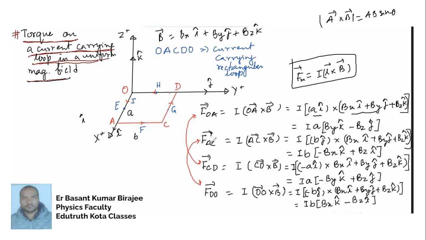Similarly, you find the magnetic force on the AC arm. AC arm means length vector of the AC arm and the magnetic field. And see, your AC vector is parallel to the y-axis, and that's why you have unit vector j cap in the direction of the AC vector.